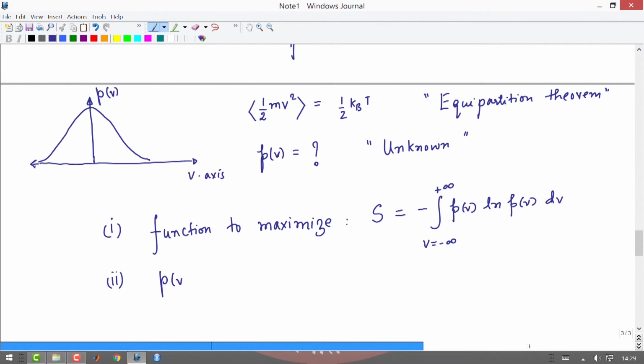So, p(v) is normalized, a very important ingredient. Which means my constraint G is basically the integral over v from minus infinity to plus infinity of p(v) dv minus 1, which is equal to 0. Okay. My PDF is normalized, that is my constraint.